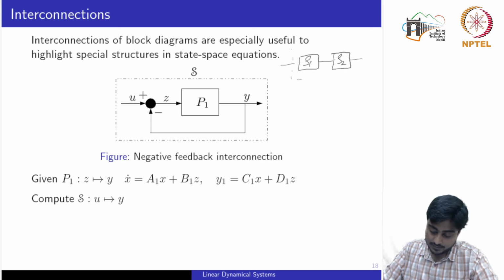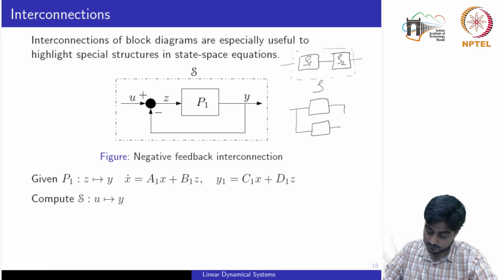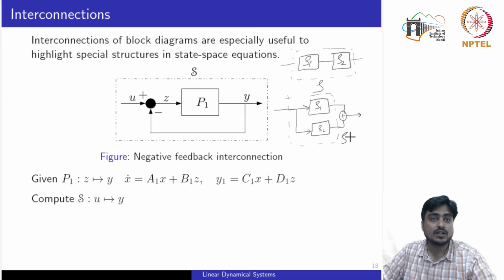So if I club them S1 and S2, this would give me the overall system. Another one we could have is a parallel combination of S1 and S2 having the same input. Then we could also write the state space representation of the entire system.